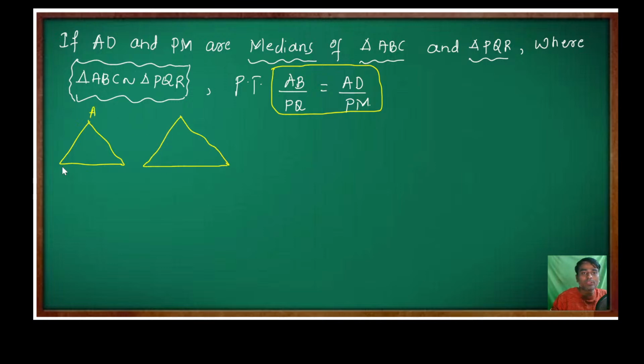So A, B, C, P, Q, R. The median we will draw like this. This is D and let this be M. These angles they have just mentioned like this. These angles are equal actually, corresponding angles.